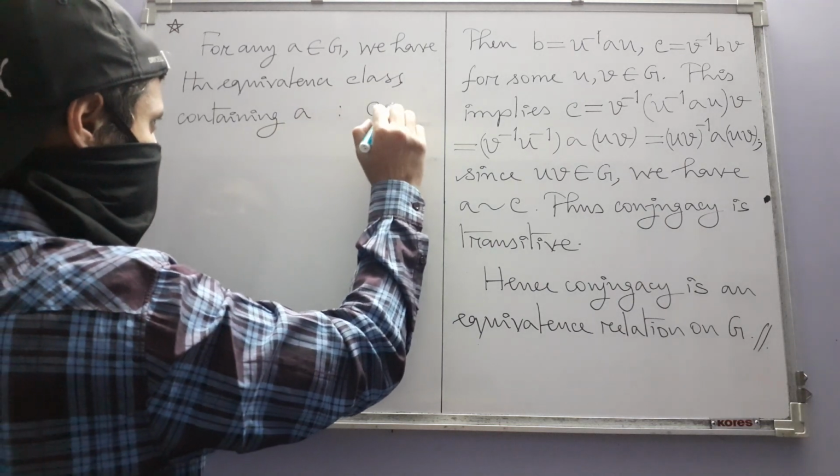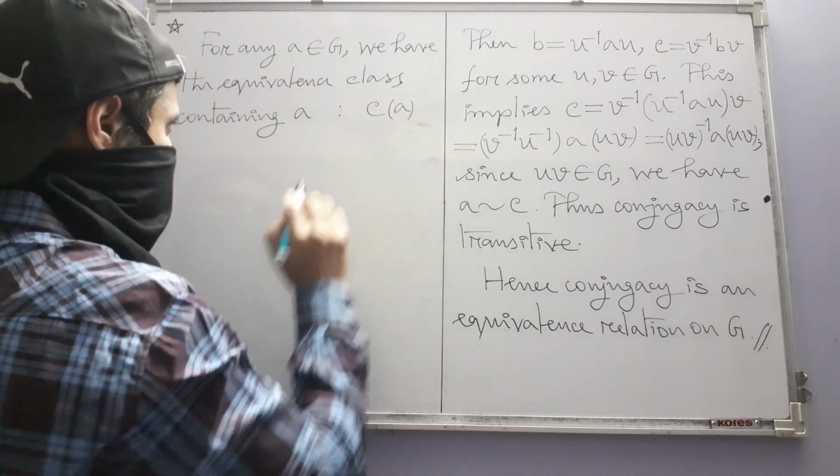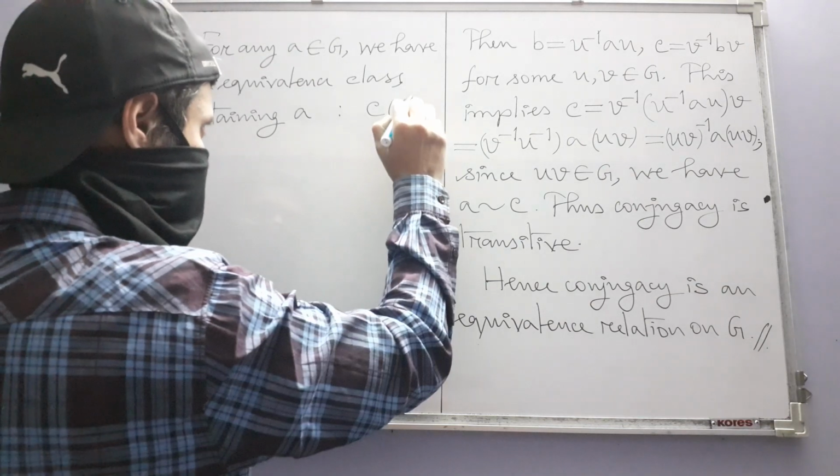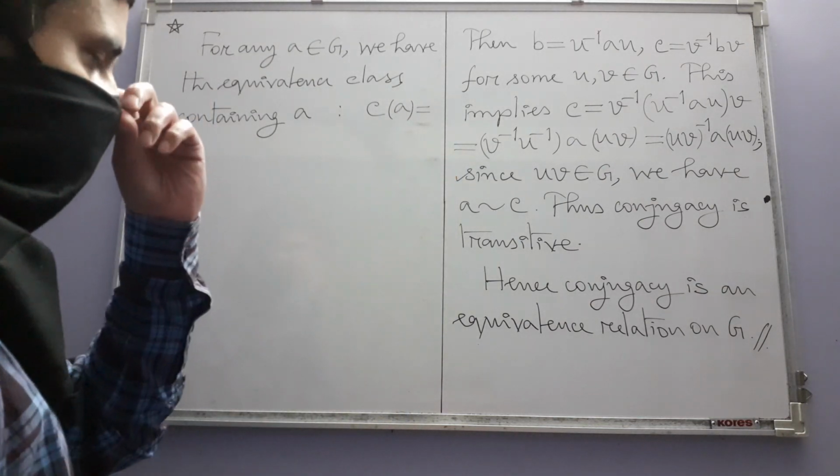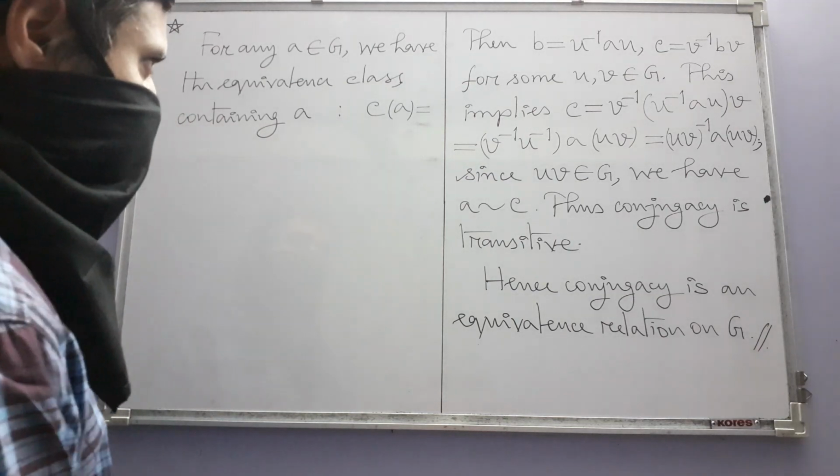And that class we already know is denoted by the symbol C of A, and this is not just for this equivalence relation, but in general for any equivalence relation.